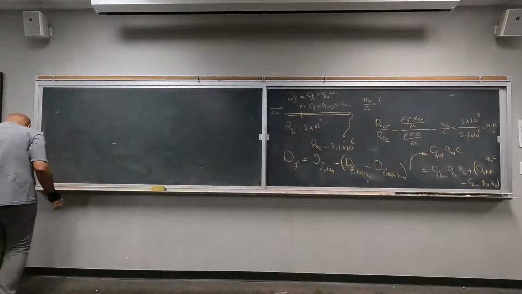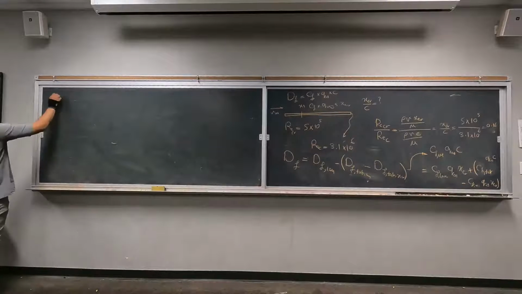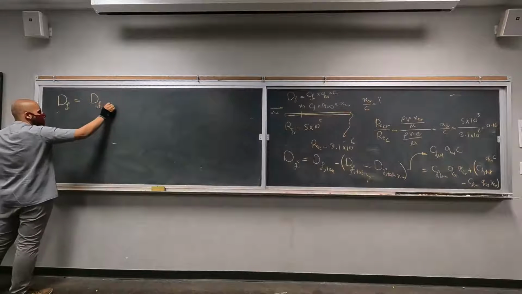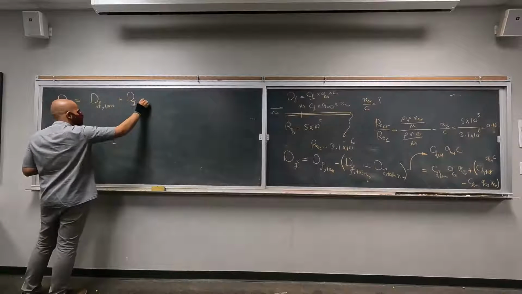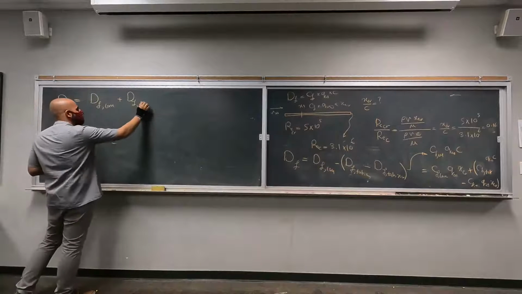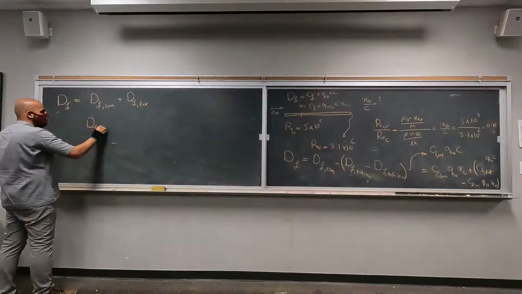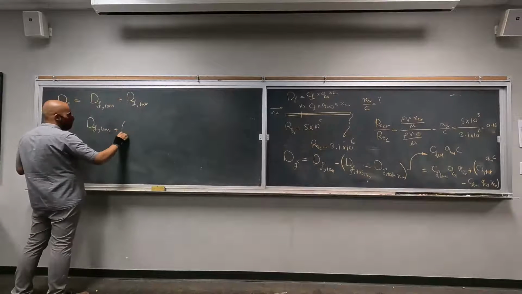Total drag force on this flat plate, total friction drag on this plate, is equal to the friction drag of the laminar region plus the friction drag of the turbulent region, right? So how did we calculate the friction drag of the turbulent region?